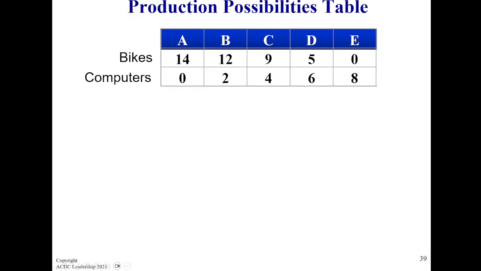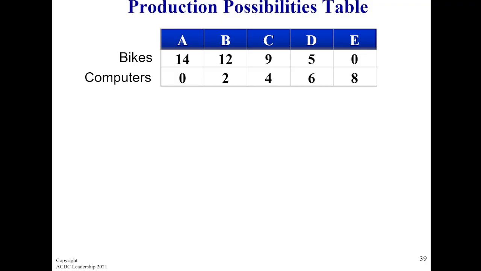In this case, we're looking at bikes versus computers. So we're going to be comparing bikes and computers. The business is allocating resources to either produce bikes or computers.